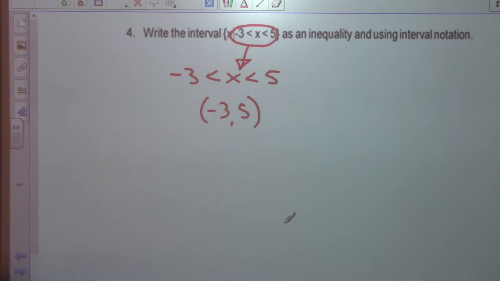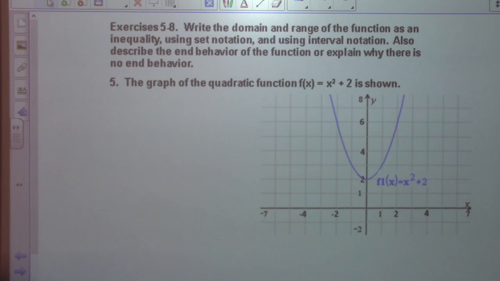Okay, let's go on to number 5. Okay, what I want to do with this one is, I think you want me to go over this one here? Yes. Yeah, let me go over this one.